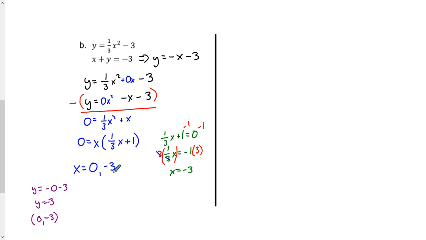If we use -3 in this equation, the negative of -3 is 3, subtracting 3 is 0. Okay, this is kind of a cool one. Our x is -3 and y is 0. So the coordinates where this parabola and this line cross are actually 0, -3, and -3, 0. Okay, that's kind of cool. Yes, I know, I'm a nerd.